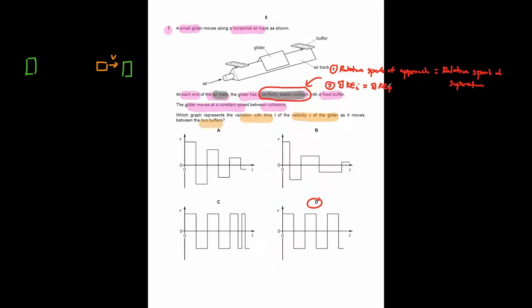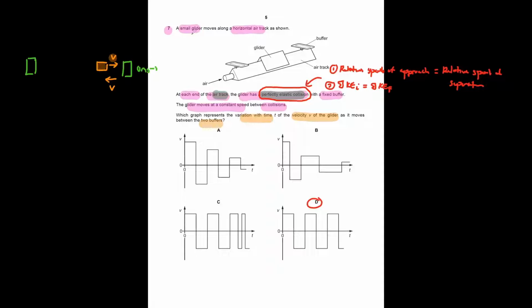These are the two things that are normally associated with perfectly elastic collision. So specifically, you look at the first criteria, relative speed of approach equals relative speed of separation. If you look at the buffer at the right-hand side, your object is moving towards it with velocity v, but because the collision is elastic, it hits with velocity v, it will also rebound with velocity v, so that your relative speed of approach and separation still remains at v. You see, your buffer is considered to be at 0 meters per second.